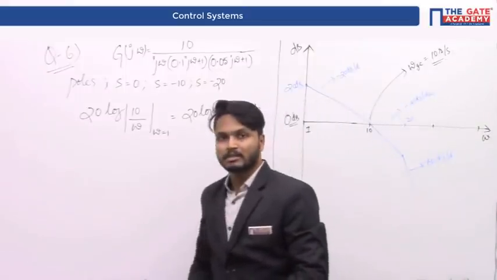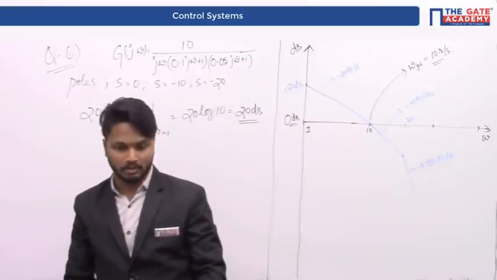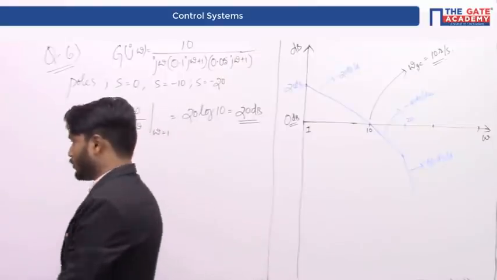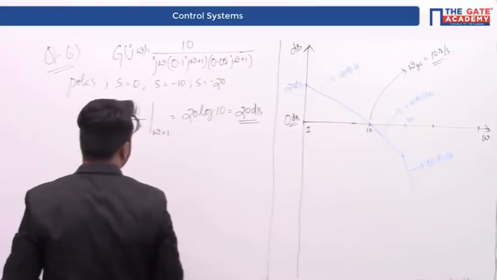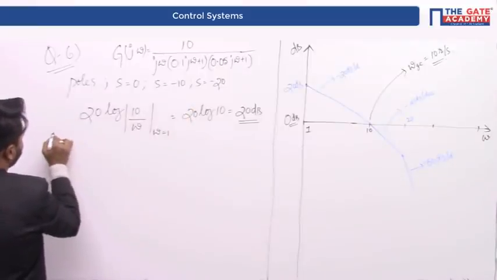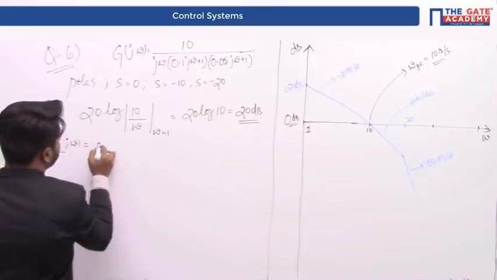So it was also asked to plot the phase response with respect to frequency. Therefore, the phase of the system is clearly evident. Phase of G(j omega) is equal to how much?